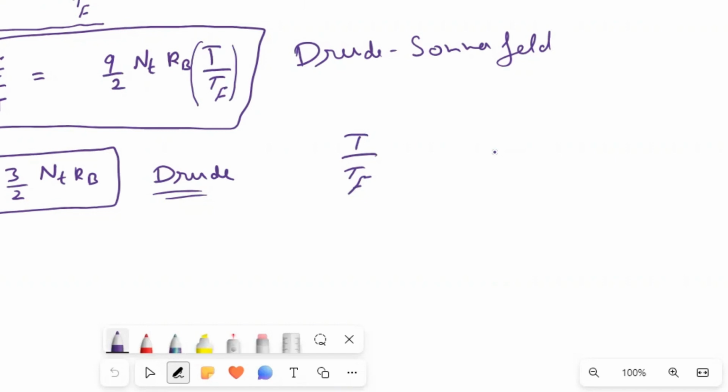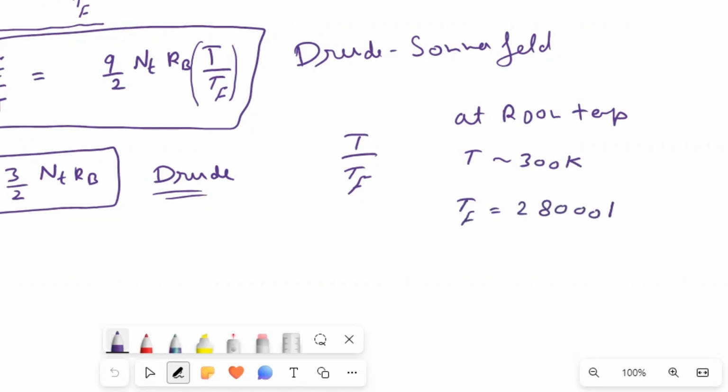Now, at room temperature, the value of T is around 300 Kelvin, and the value of T_F is actually around 28,000 Kelvin. Yes, it is right. The Fermi temperature of the electrons at room temperature is 28,000.